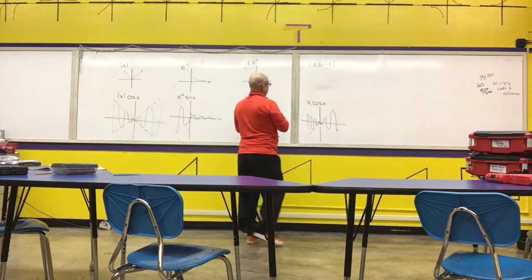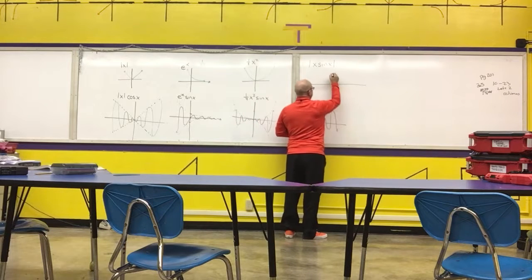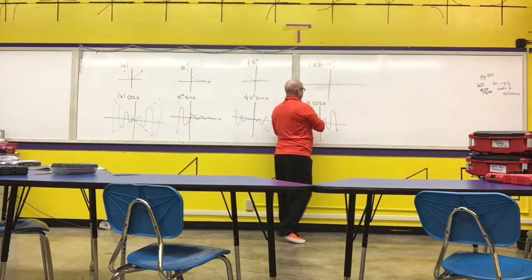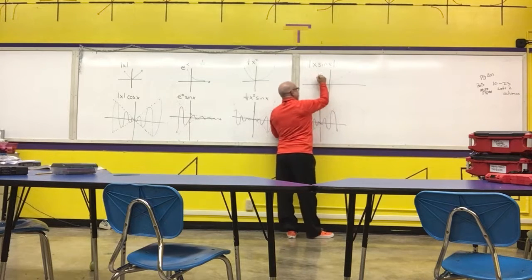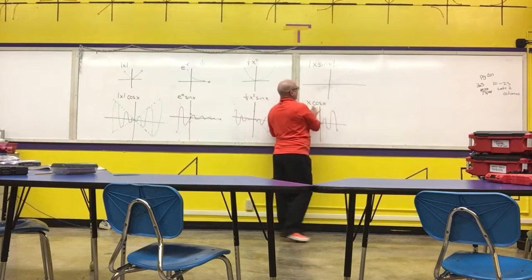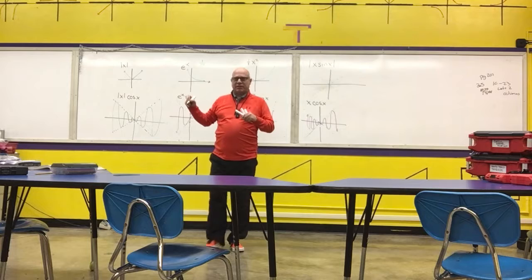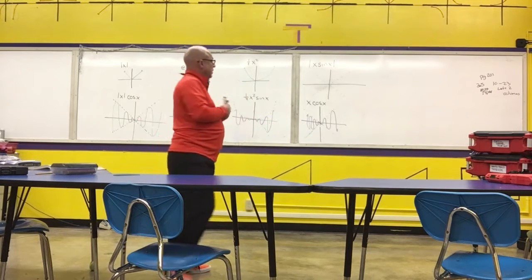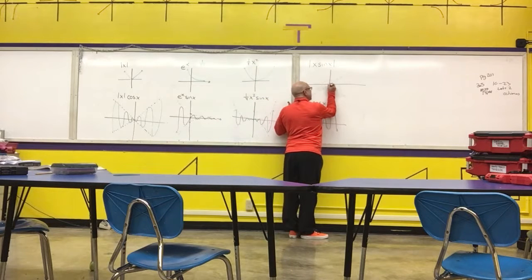Sine graph, x sine x, and then take the absolute value of that. So first thing I'm going to do is I'm going to dot in my x using the same thing I did here with cosine. Now I'm going to dot in the sine function, and then everywhere that it's negative, I'm going to turn it positive. So sine starts at 0 going up.